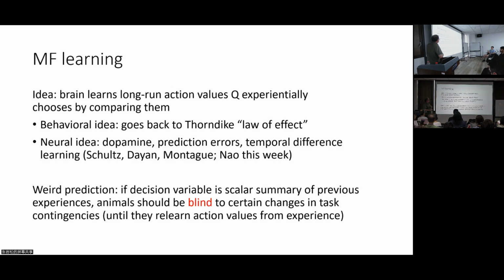But one thing that even goes back to the psychology is that if that was all that there was, it makes some weird behavioral predictions: that animals and humans should make some strange mistakes in certain situations. I'm going to unpack one of those in a sec.